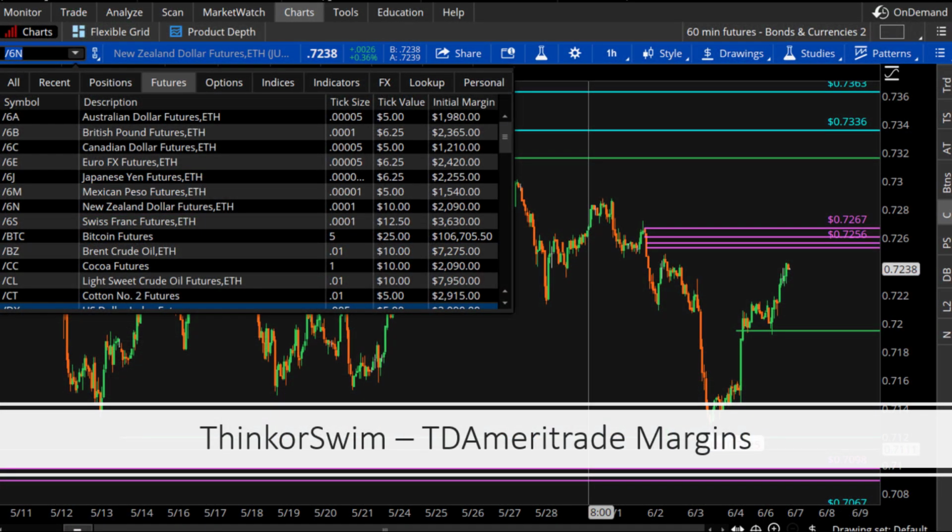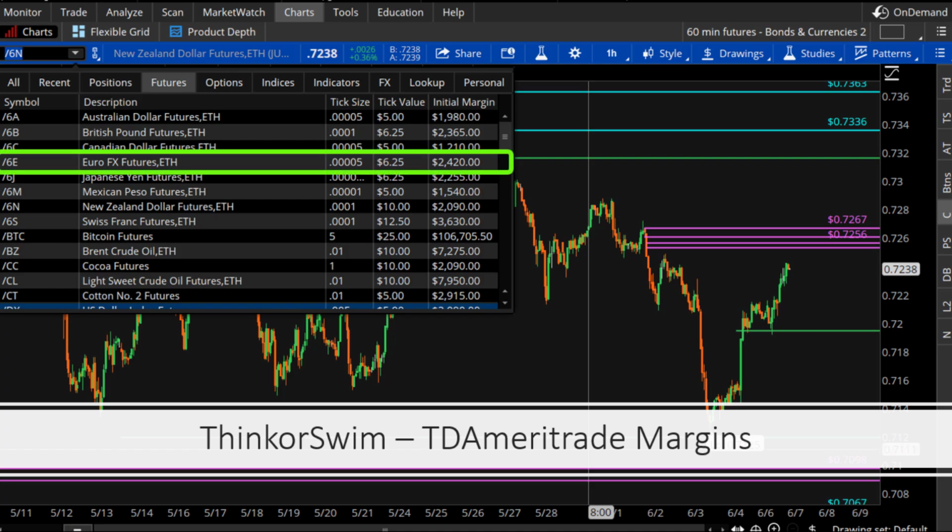So if I go look at this particular broker, this is TD Ameritrade, and this is the Thinkorswim platform, we can see that for the euro, they have an initial margin of $2,420. So there's a maintenance margin of $2,200, and this particular broker has an initial margin of $2,420, meaning that this broker is going to make sure that you've got about $220 of loss per contract before you hit that maintenance margin, right?